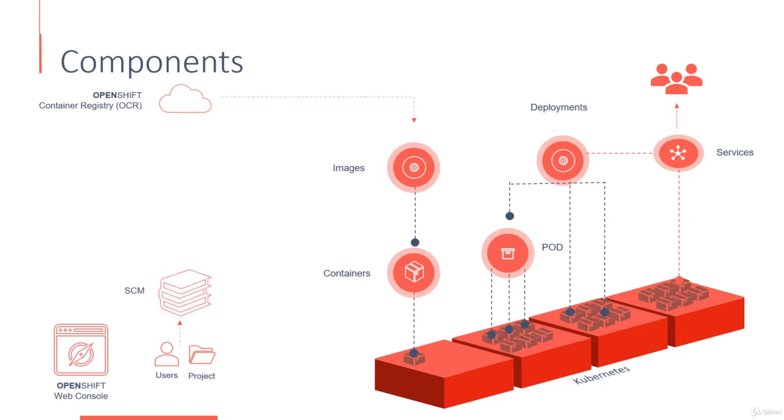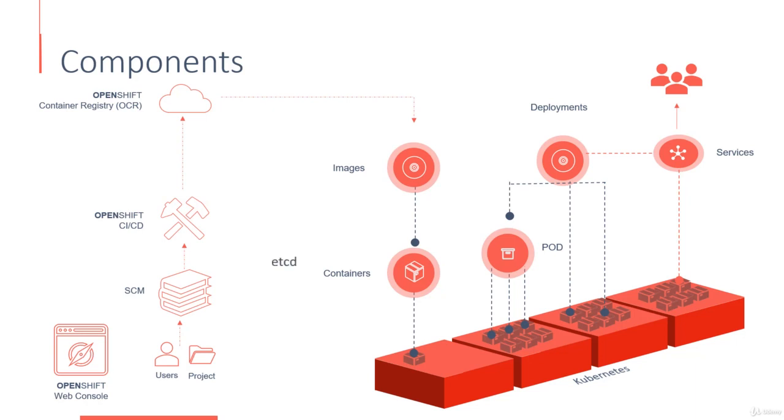Openshift also comes with built-in integration to source code management systems through which users can import their application code. The code repository has integration with built-in CI/CD pipelines where the application code is built into Docker images and pushed to the built-in container registry.